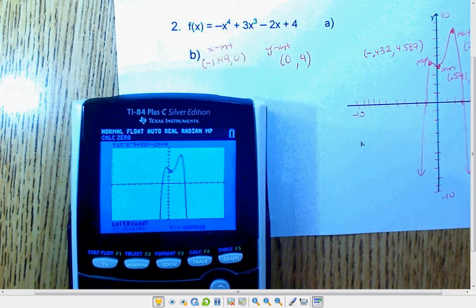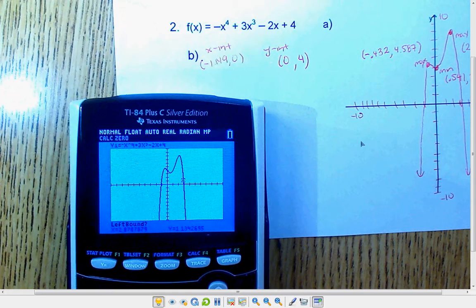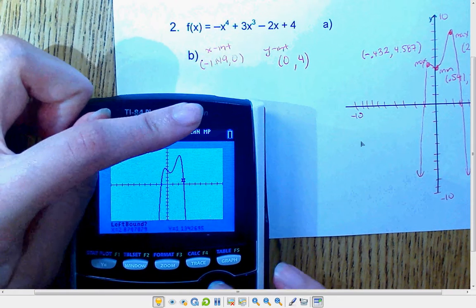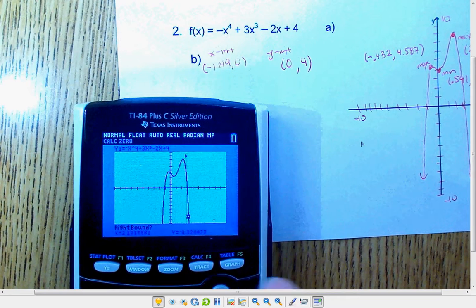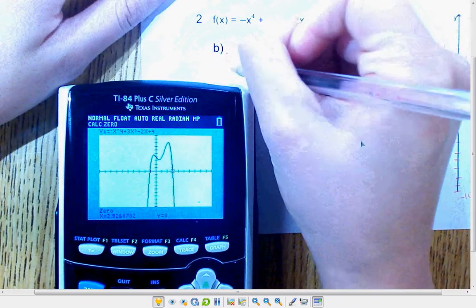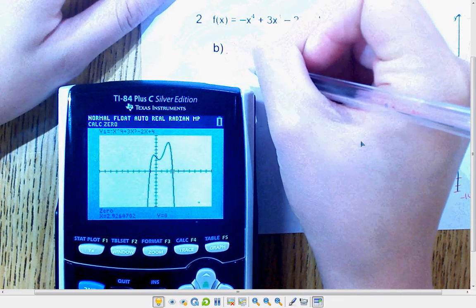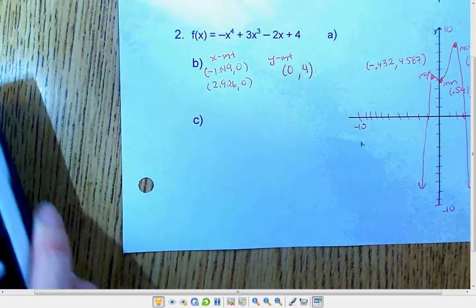This time I'm going to this one. So I'm going to go slightly to the left, slightly to the right. Press enter one more time, and I find my 0, which is 2.926, comma 0. And those are my x and y intercepts.